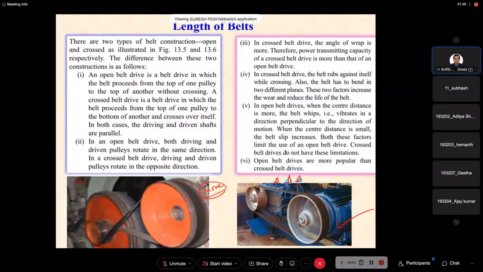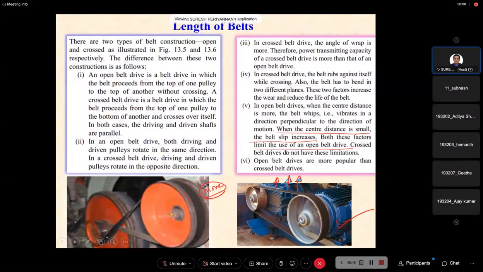In the cross belt, when the distance is small, the belt slip increases, but both factors limit the open belt drive. The cross belt drive does not have those limitations, but wear and tear is more in the cross belt drive, which may reduce the life of the belt.